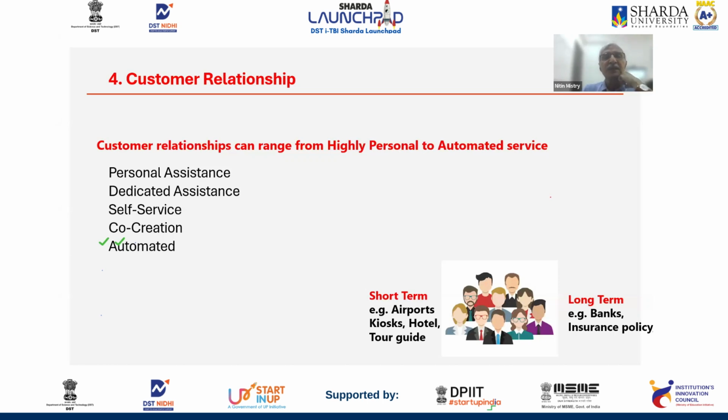What is self service? I think the best example is the ATM. ATM is self service. What is co-creation? YouTube. On YouTube, users create and upload their videos through the YouTube channel medium. So that is co-creation. And what is automated? I think every chatbot answering your basic customer queries, that is automated, right?